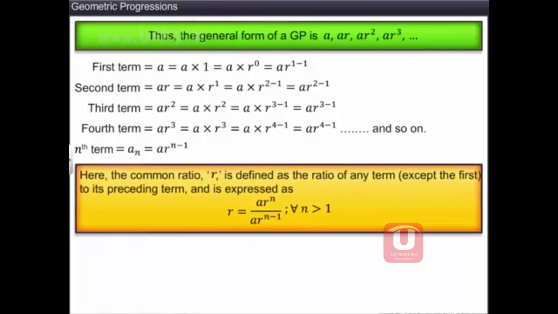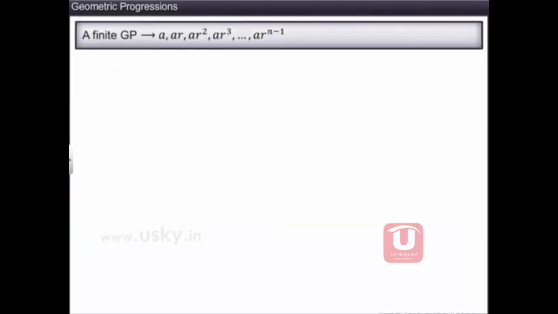A finite GP has a finite number of terms, while an infinite GP has an infinite number of terms. Correspondingly, the sum of a finite number of terms of a geometric progression is called a finite GP series, while the sum of an infinite number of terms of a geometric progression is called an infinite GP series.